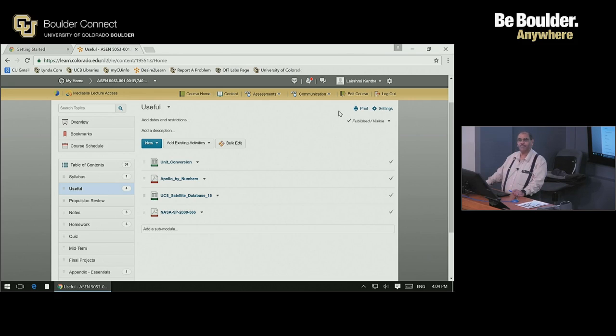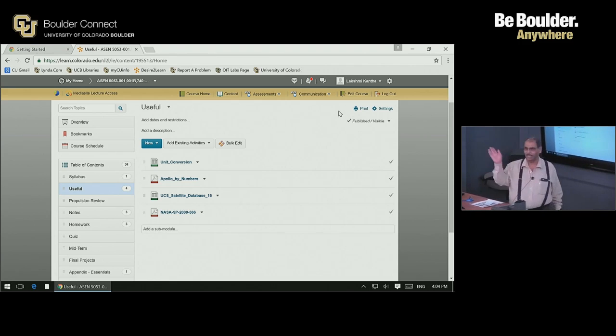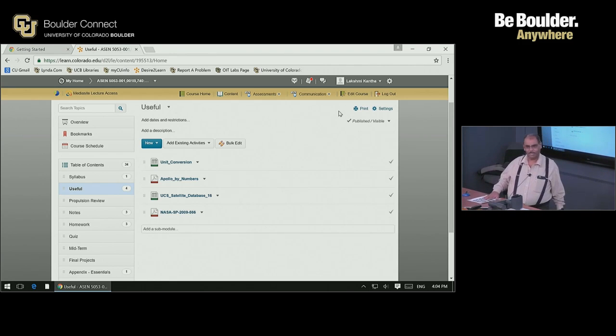You have Apollo by the Numbers, which has a nice summary of all the Apollo flights, 1 to 17. 17 was the last one, and it has all sorts of statistics, numbers galore.